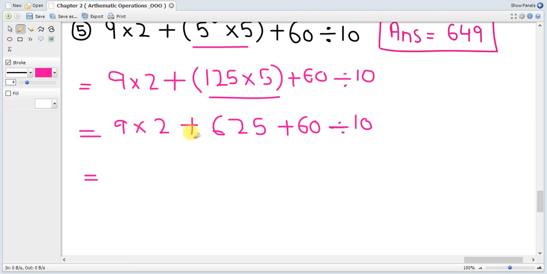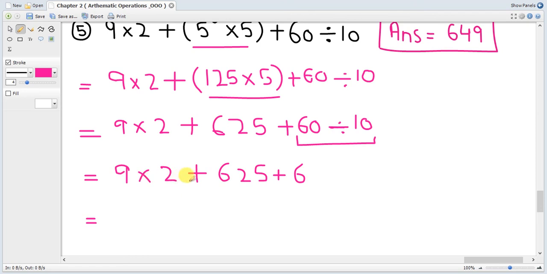Now we have multiplication, addition and division. So which operator should be solved first? Division, this one. So 9 times 2 plus 625 and 60 divided by 10 is 6.